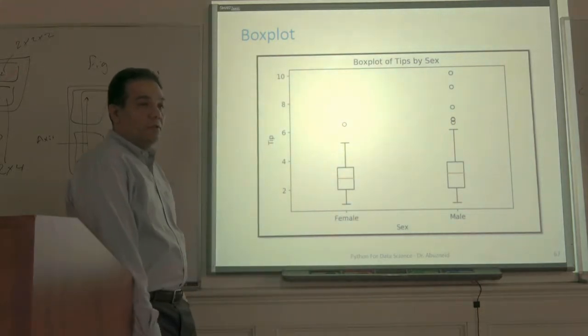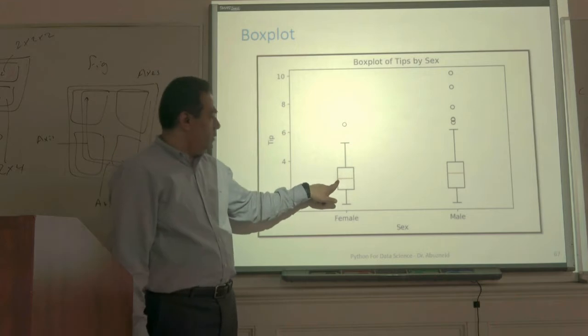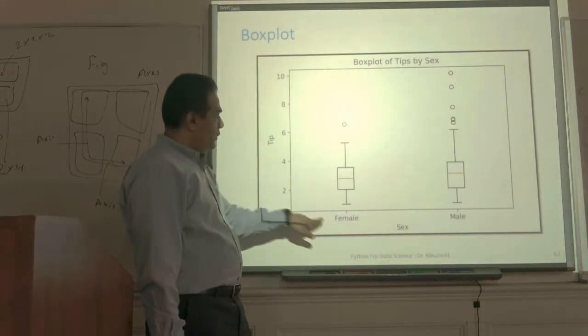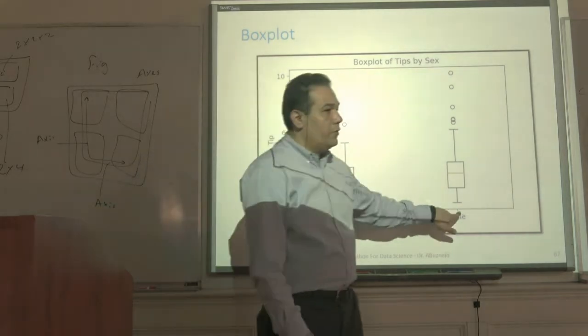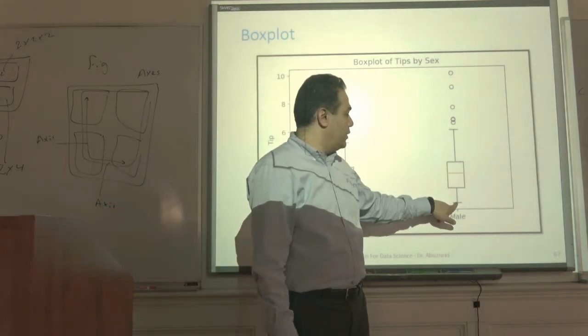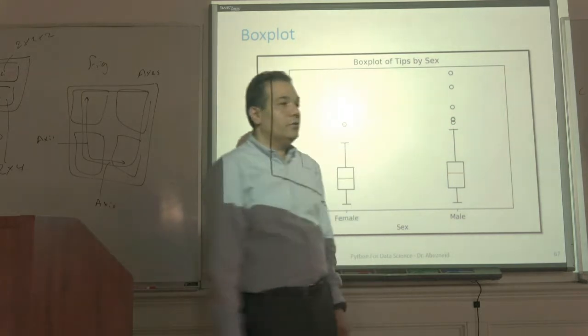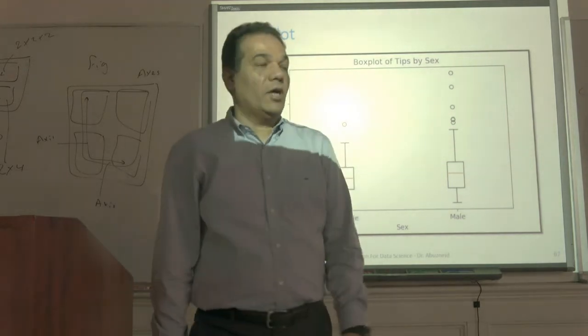This is the median for the female, this is the median for the male. This is the minimum, this is the maximum, and these are the outliers. That's what the box plot shows.